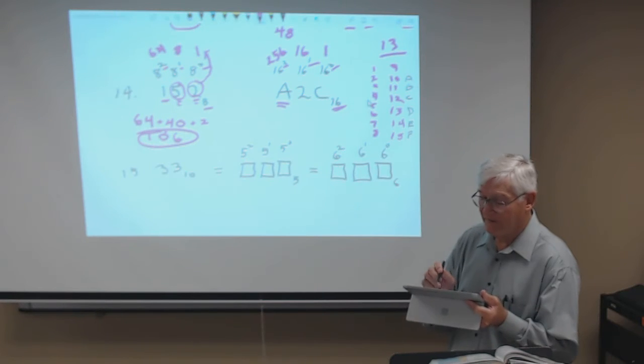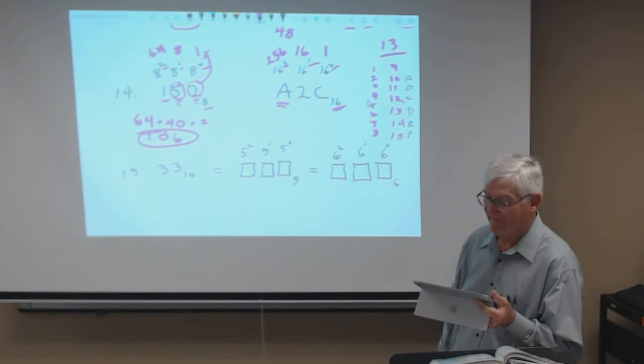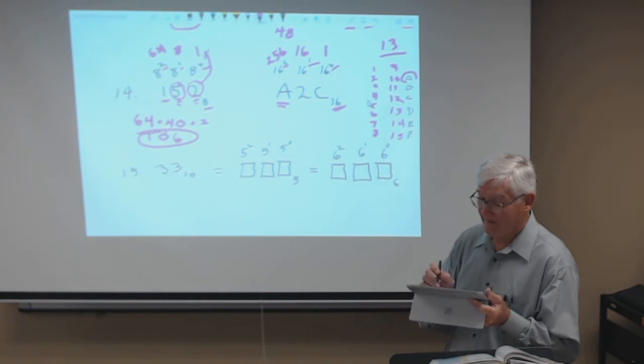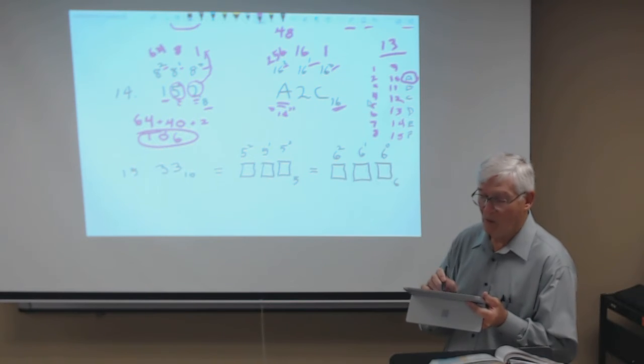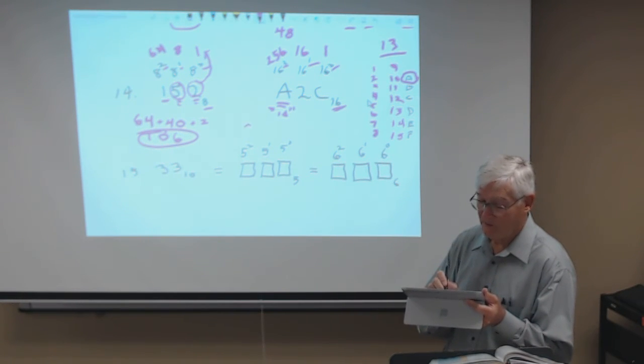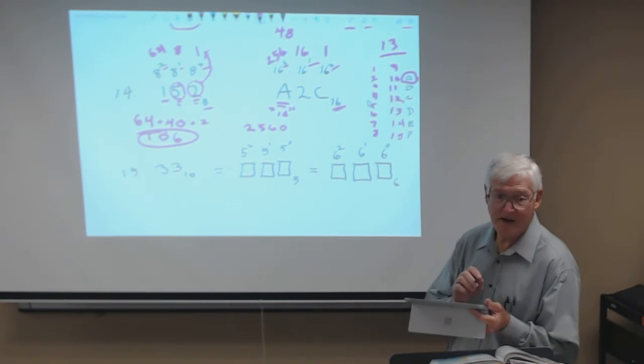How many 256s do I have? What's A stand for? So I have 10 256s. What's 10 256s? 2,560. Everybody agree?